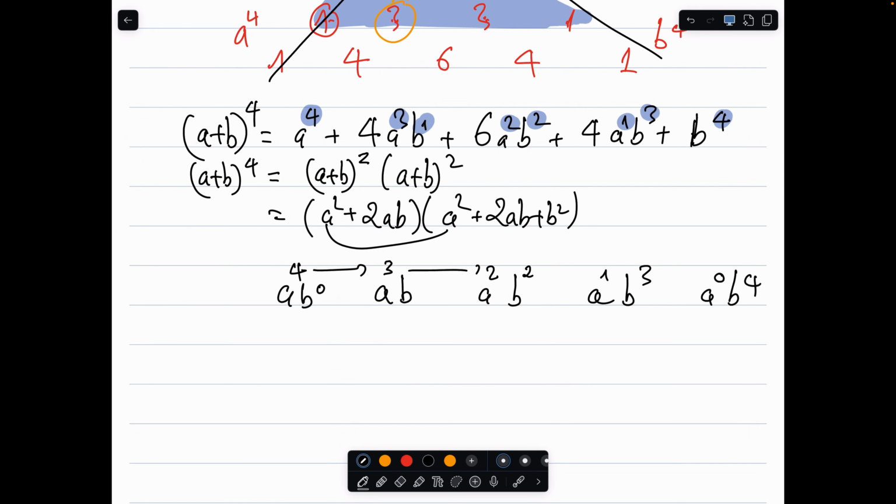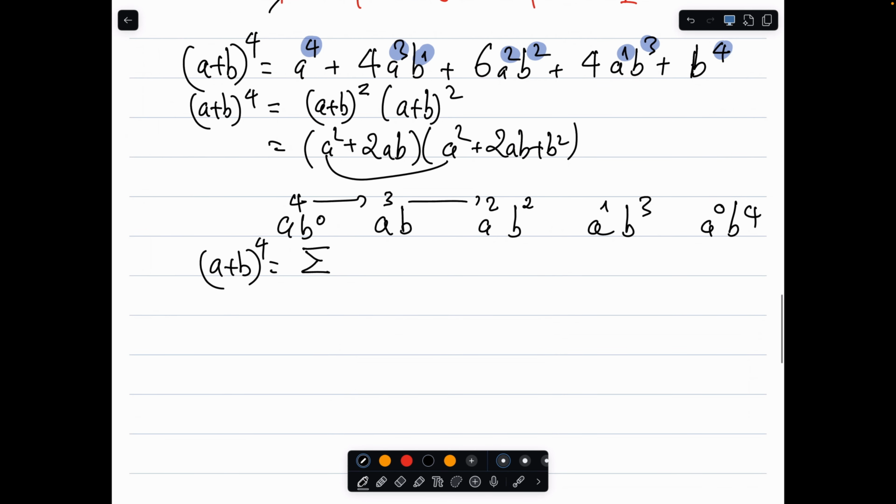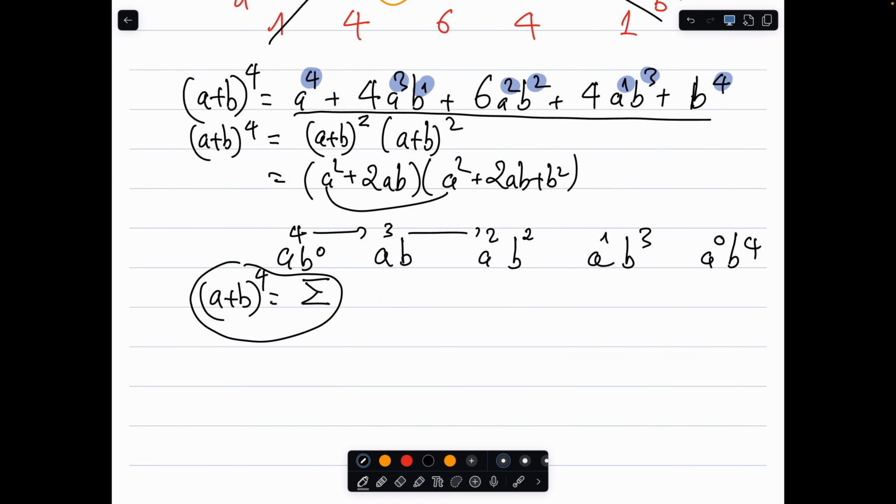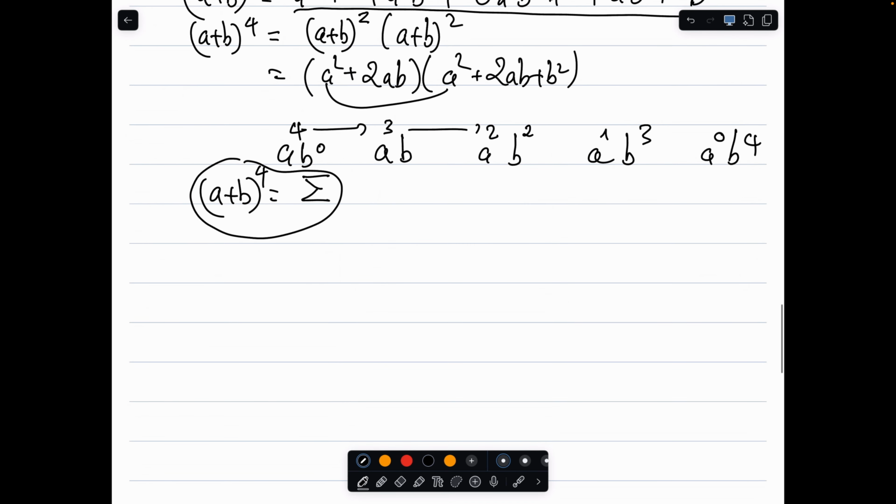Okay, now I want a compact, a concise formula for A plus B power 4 using the sigma notation. I want that, because writing like this is lengthy. So first I have to introduce the sigma notation.